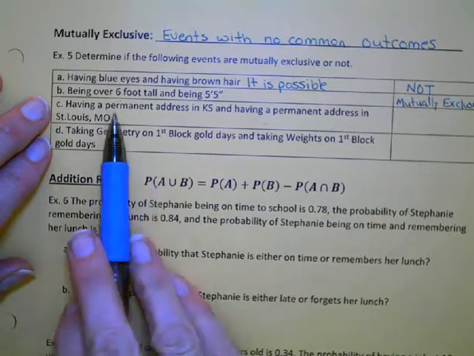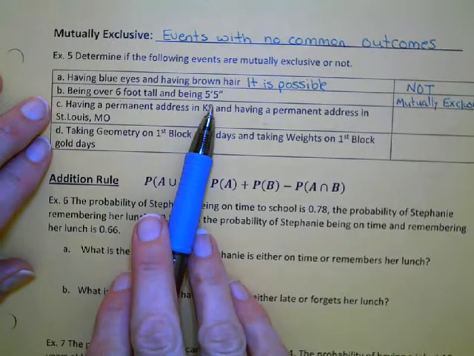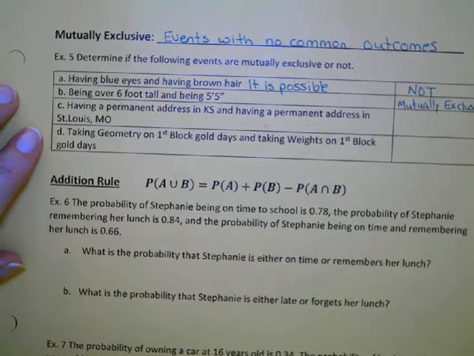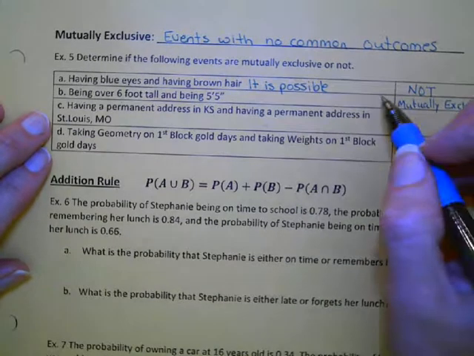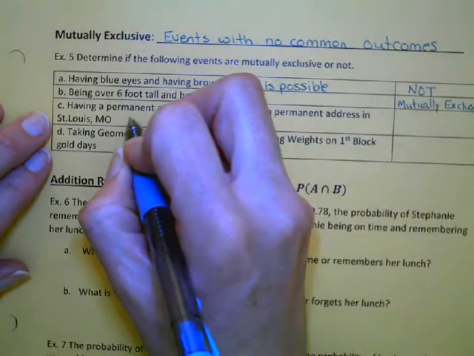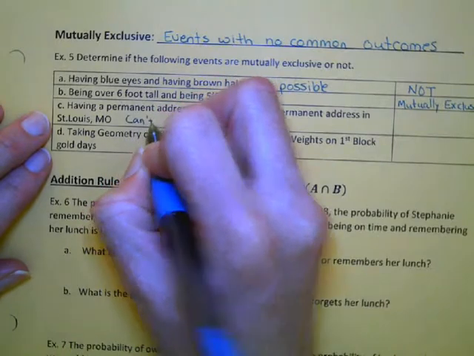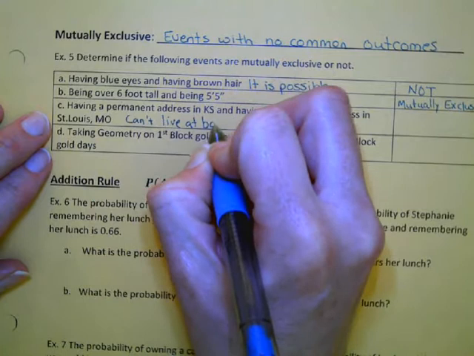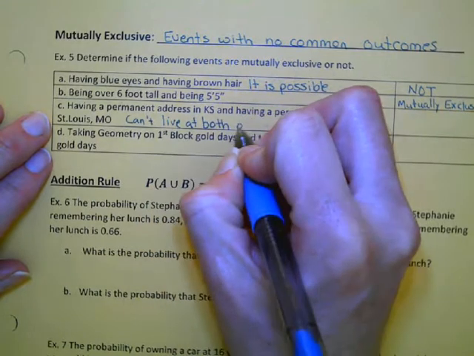The two can't happen at the same time. Let's see, having a permanent address in Kansas City and having a permanent address in St. Louis, Missouri. This is not possible. You can't live at both places permanently.